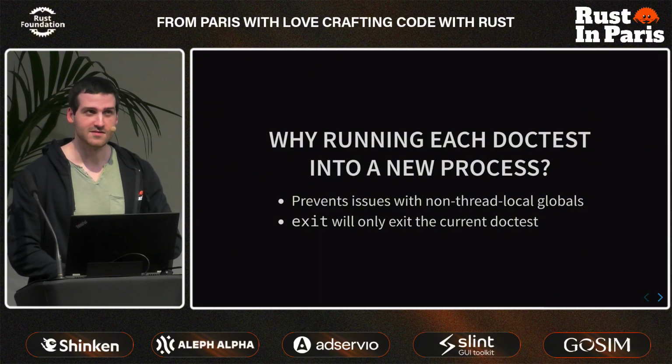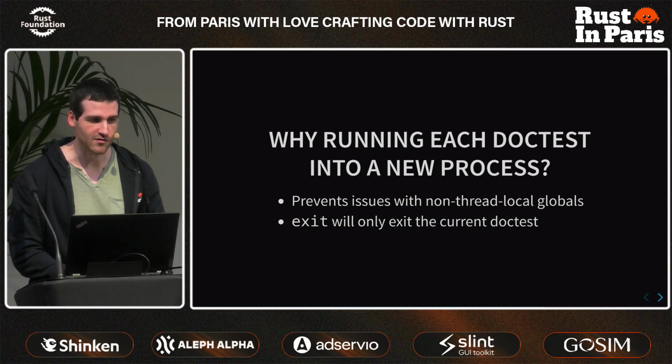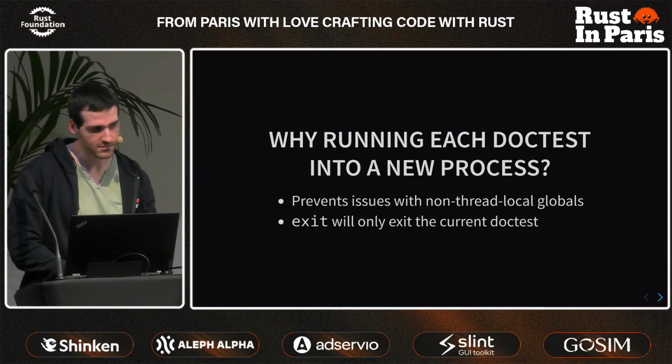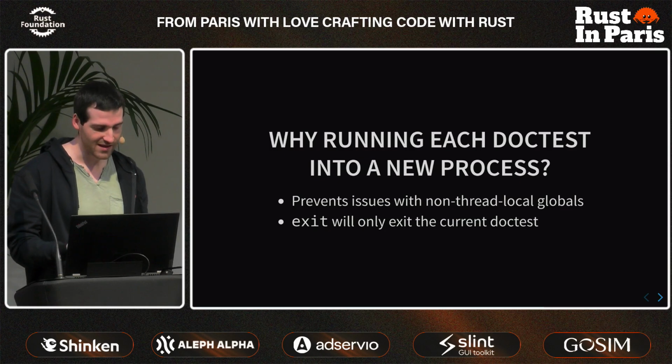Another one was actually discovered later on: you can have statics. I suppose everyone here used a logger at some point, I hope. Well, they use statics, and you need to actually run log init, and if you run log init more than once, suddenly people are very unhappy.